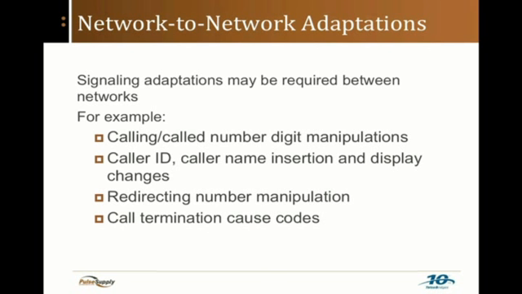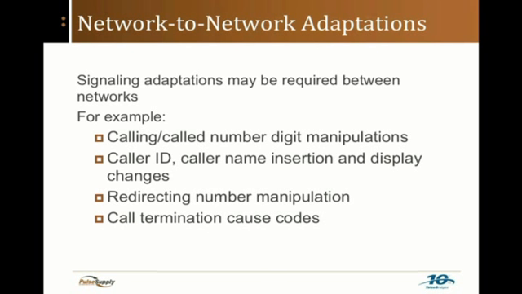Who knows? It's just required to have enough flexibility in order to adapt these different networks. Same thing goes for the caller ID and the caller name, which may be inserted, manipulated or modified when we convert from one protocol to another, as well as the display instructions for this caller ID or caller name.